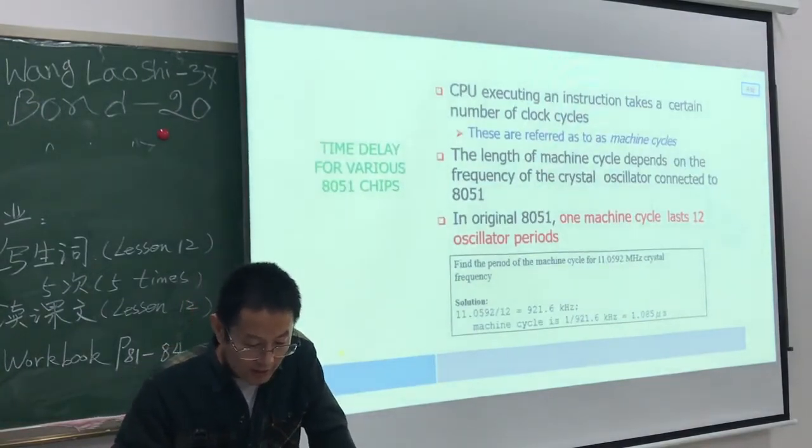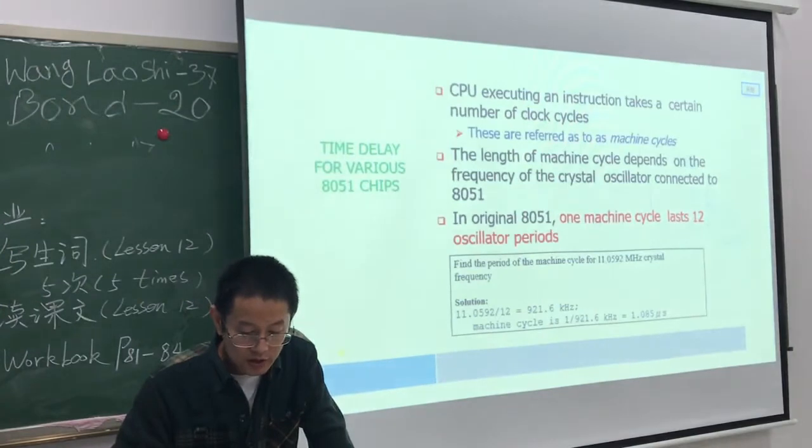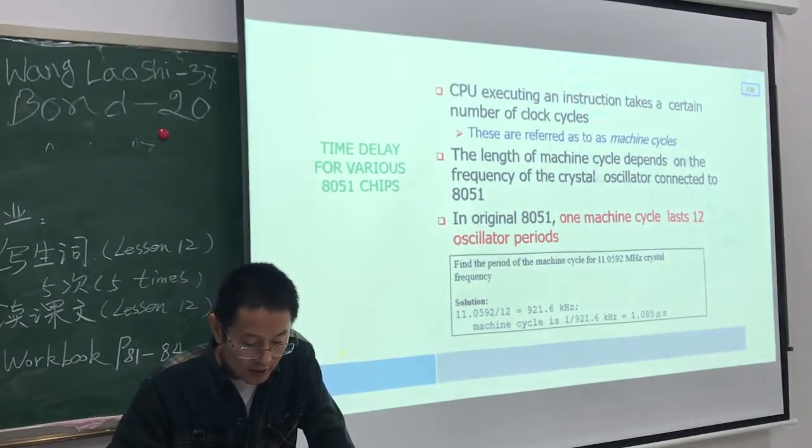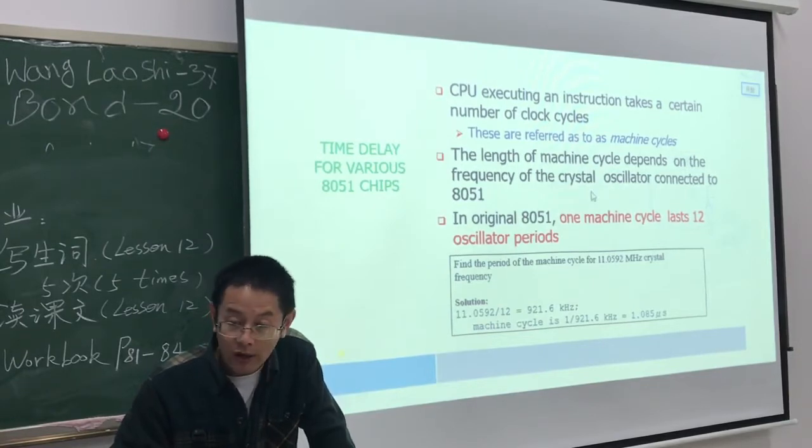The CPU executing an instruction takes a certain number of clock cycles. These are referred to as a machine cycle. The length of a machine cycle depends on the frequency of the crystal oscillator connected to the 8041. In the original 8041, one machine cycle lasts 12 oscillator periods.